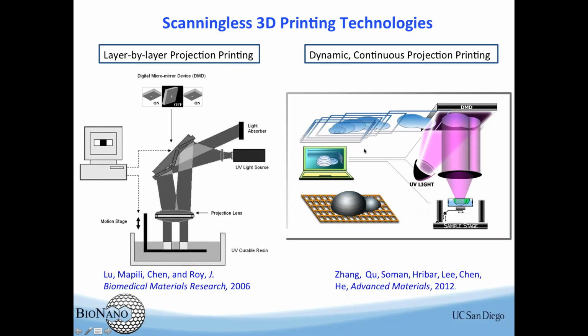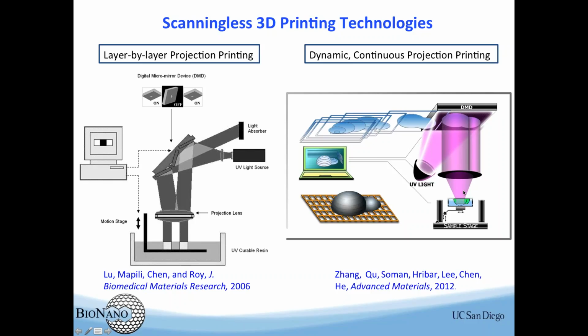So it took us a while to figure out that you can do it a little bit differently when you put these things upside down. So on the right side, we actually print the material inside the liquid, because most of the hydrogel materials we are working with now are transparent to near UV or visible light.